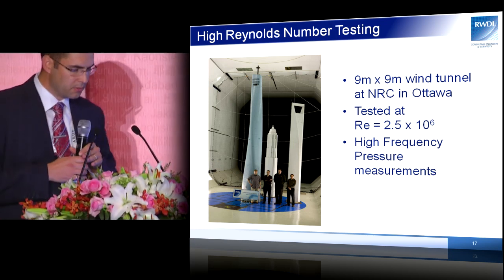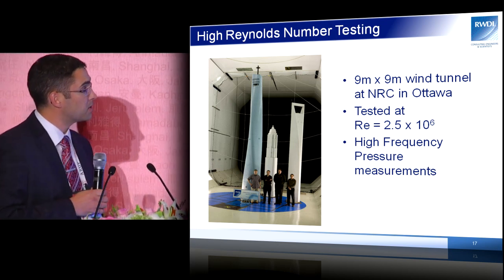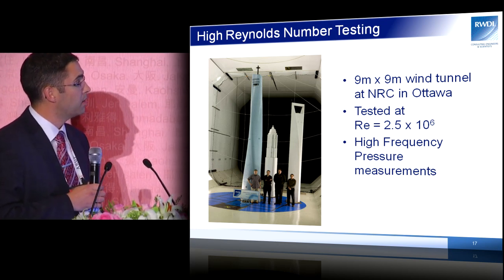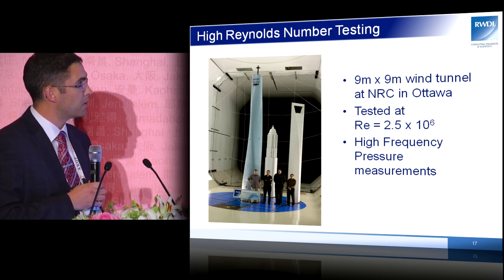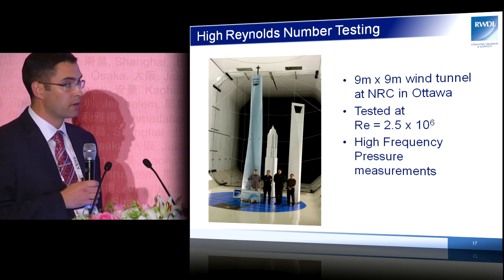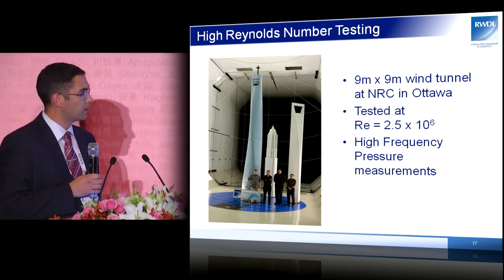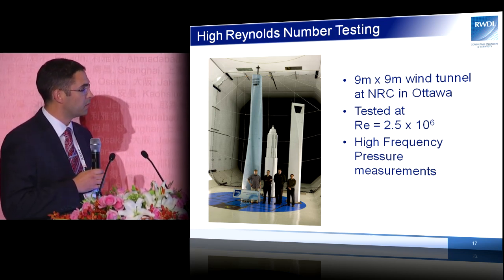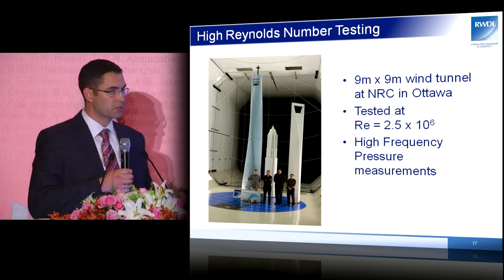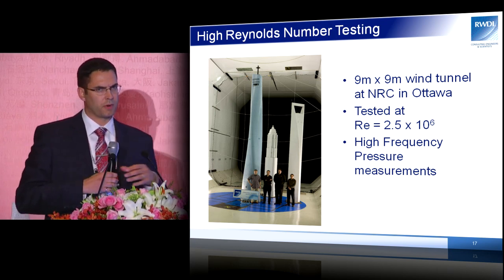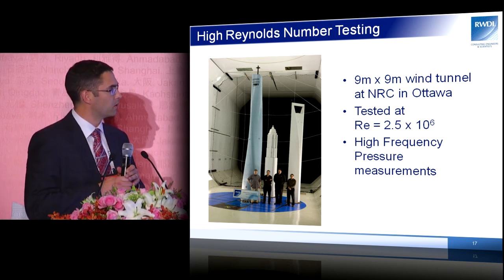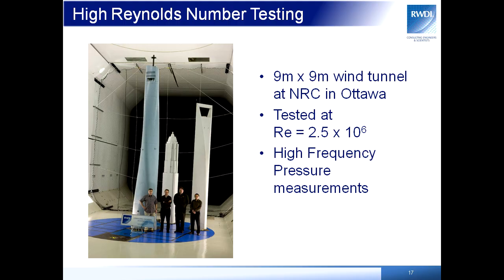So in addition to looking at that, because the tower had rounded corners, we were concerned about the effect of Reynolds number. Reynolds number is a parameter I won't define in too much detail here, but just to say that the force coefficient changes with Reynolds number. So it's a parameter that we wanted to look at a little bit more closely, and went to a large-scale model in the 9-meter by 9-meter tunnel in Ottawa.